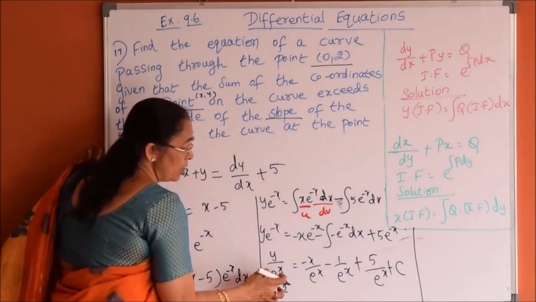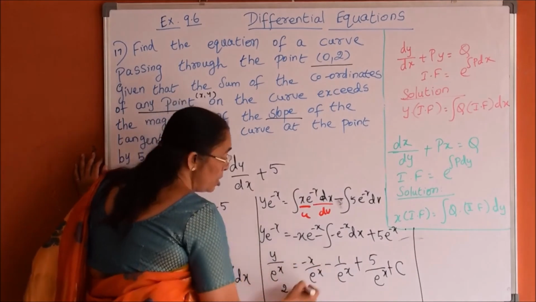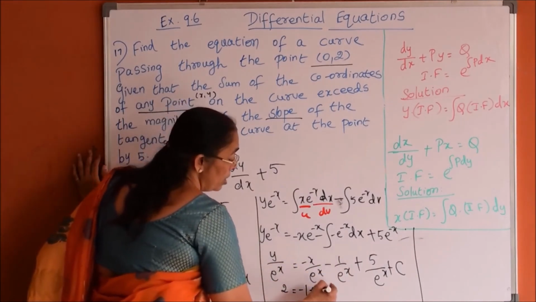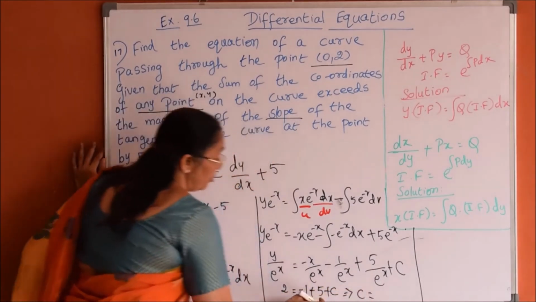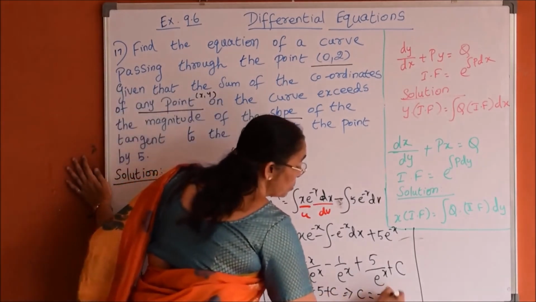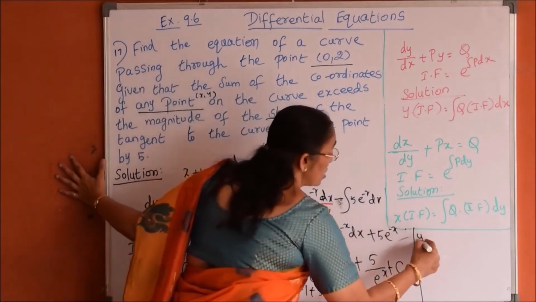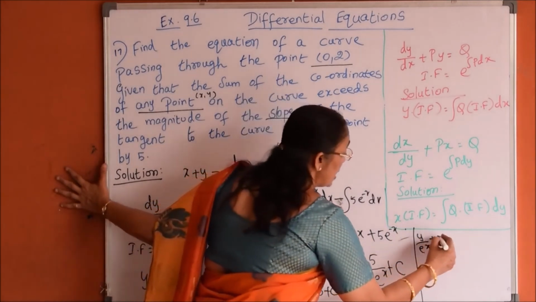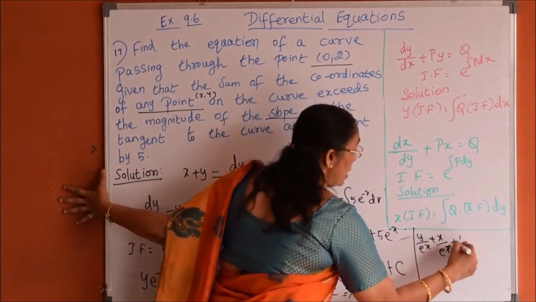Here x is 0, e power 0 is 1, so 2 is equal to, the first term is 0 since x is 0, second term minus 1 plus 5 plus c, which implies 5 minus 1 is 4, and c is equal to 2 minus 4, which is minus 2. So, the final answer: y by e power x, I can bring everything to this side, equals minus 2 plus x by e power x plus 1 by e power x.